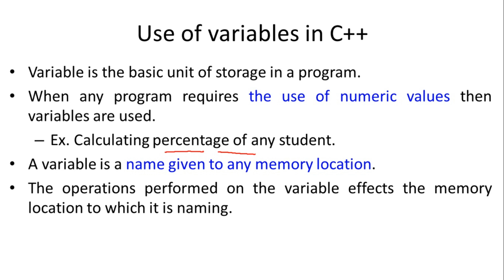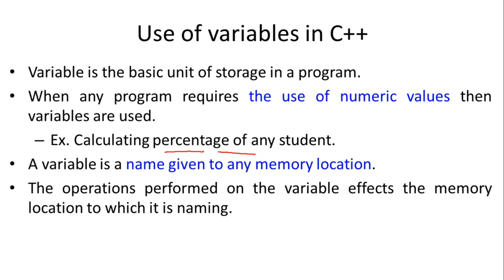Percentages are calculated with the help of the marks the student scores in the subject. So for storing those marks, something will be required in programming, and the thing that is used for storing the values in a C++ program is the variable. So a variable is the basic unit of storage in a program.